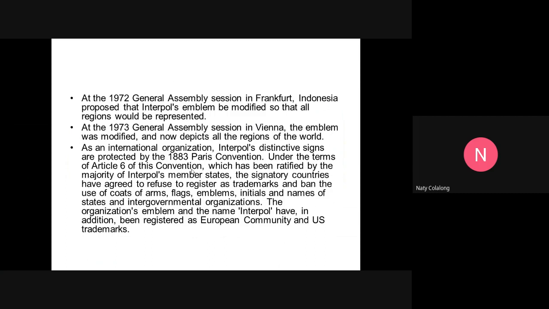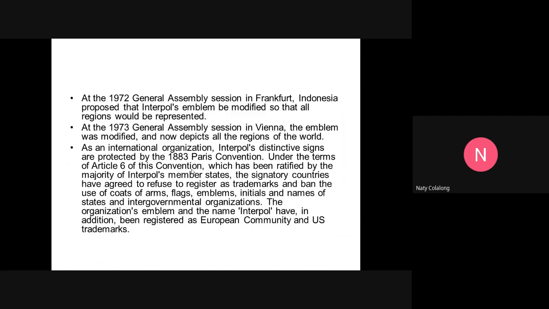At the 1973 General Assembly session in Vienna, the emblem was modified and now depicts all the regions of the world.